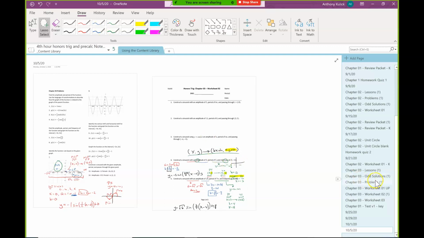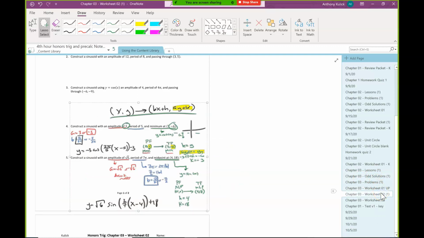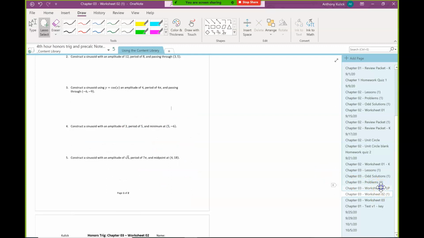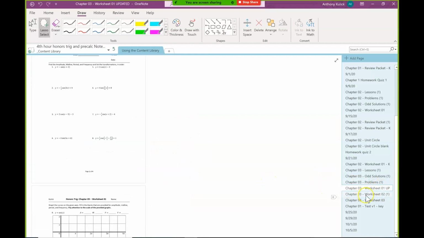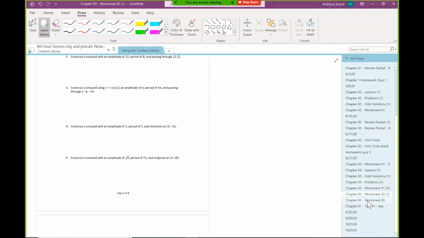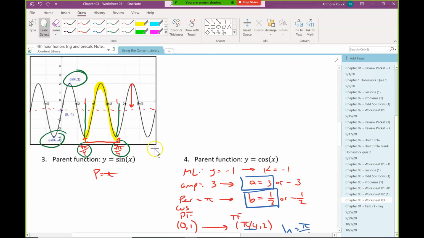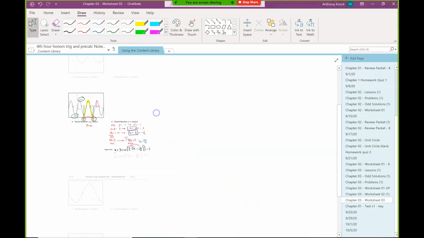Okay. That's pretty close. Get rid of that stuff. Did they do the same thing here on worksheet 3? Probably. Of course you did, because you're so dumb.